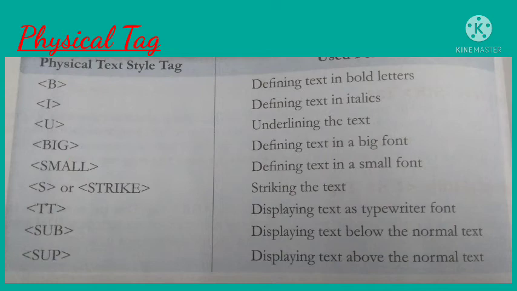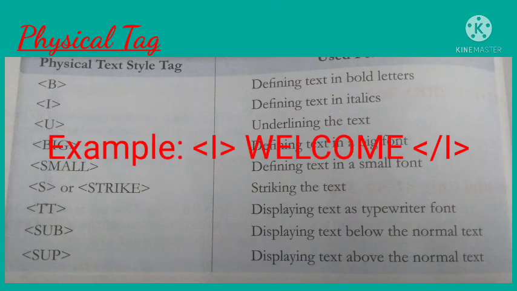The second tag is the I or italics tag. This tag is used to show the content within this tag in italic style. We should type the opening I tag before the text and the closing I tag after the text that we want to display in italics.